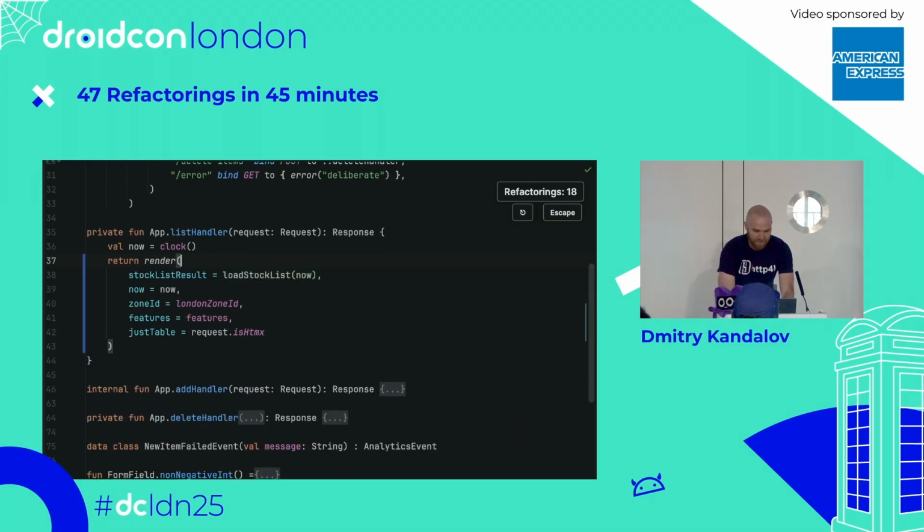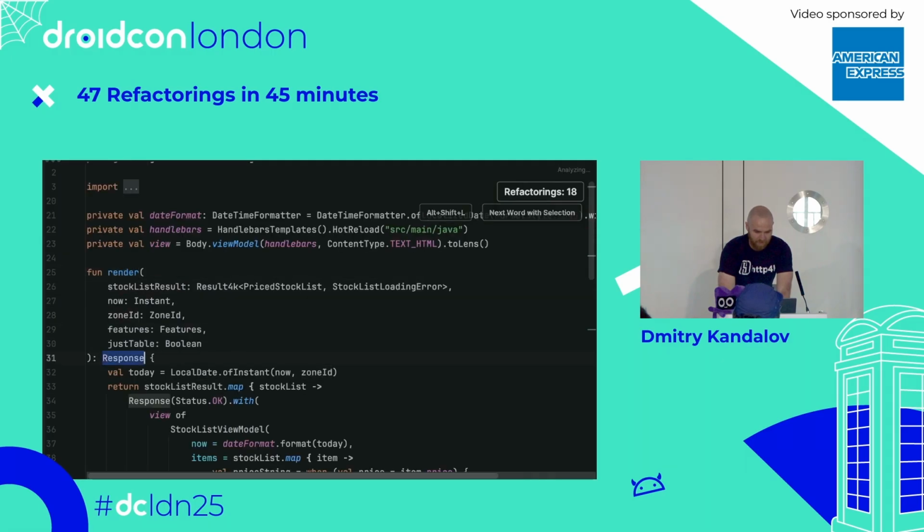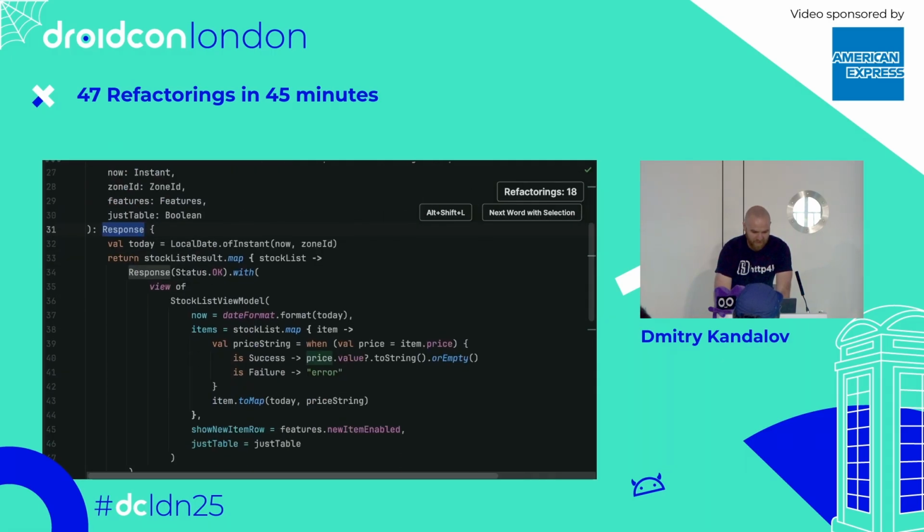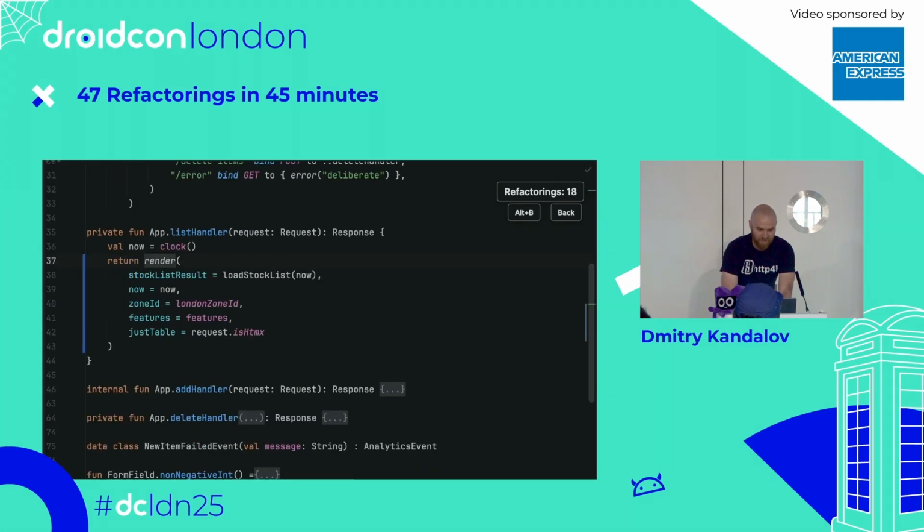This might be better, slightly. Yeah, so we load the stock list from the app, and then we render it. And render will return us a response, which is HTTP. I'm not going to go down the rendering route for now, at least. It's using handlebars.